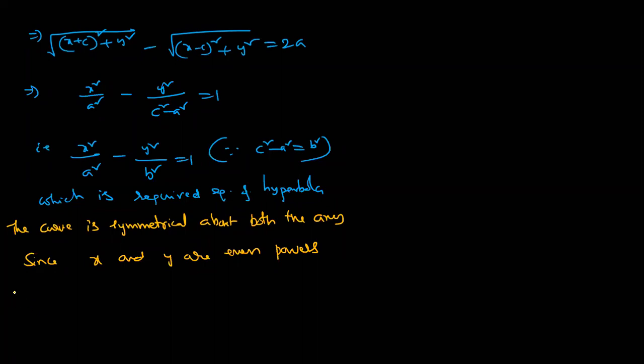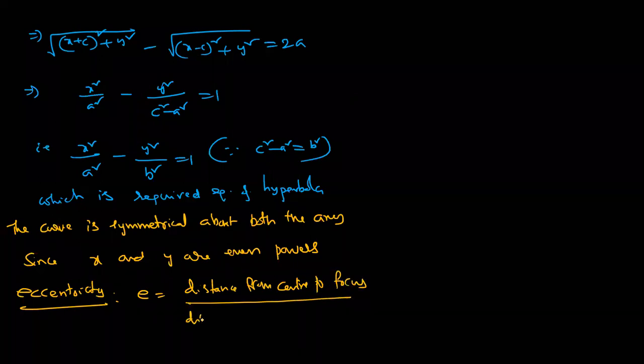So from this case, what is the eccentricity? The definition is fixed. What is that? e is equal to, anyone? Distance from center to the focus by distance from center to the vertex.